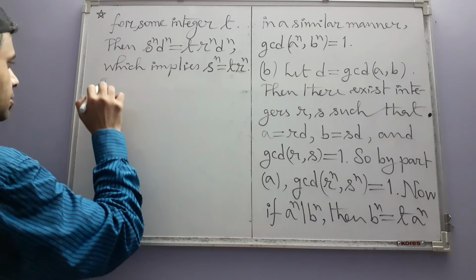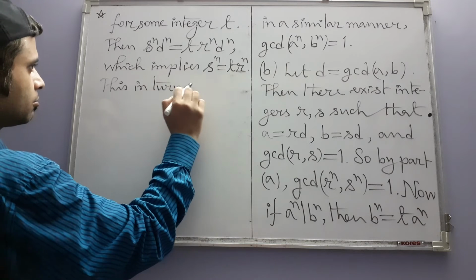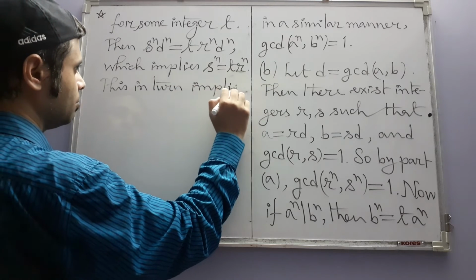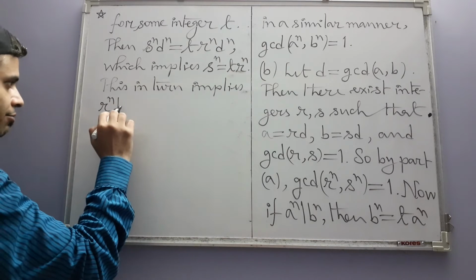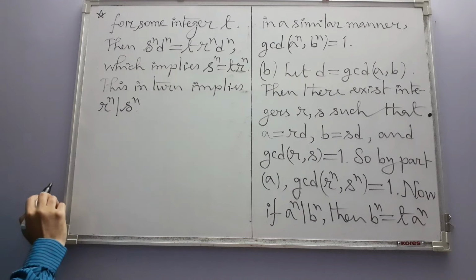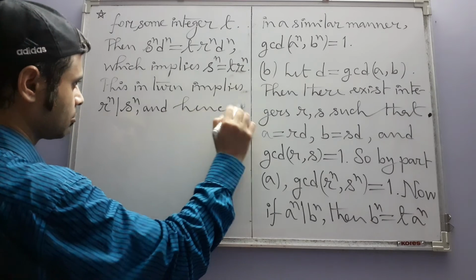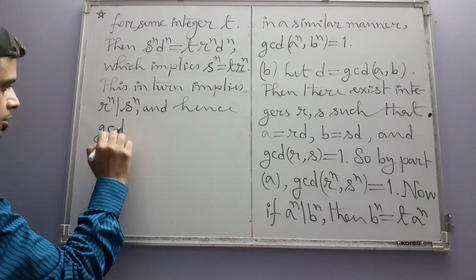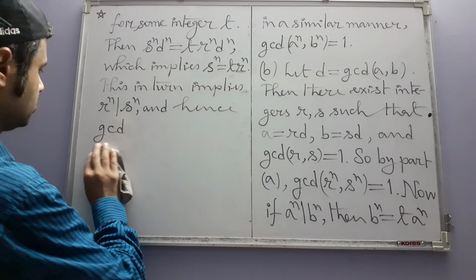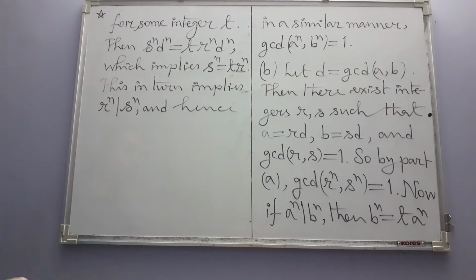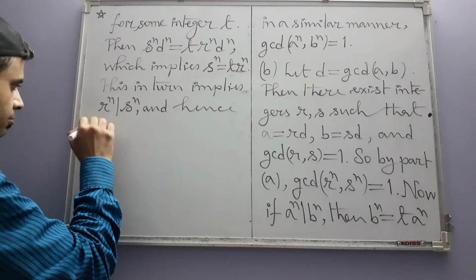But what does this imply? This in turn implies that r to the power n divides s to the power n, and hence the GCD of r to the power n and s to the power n, we use this also as a part of this argument.